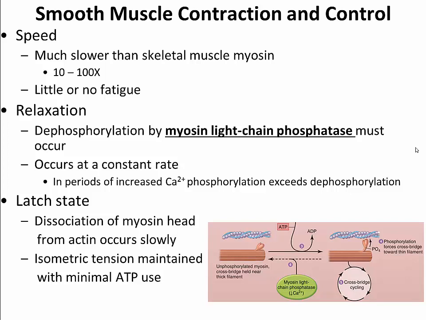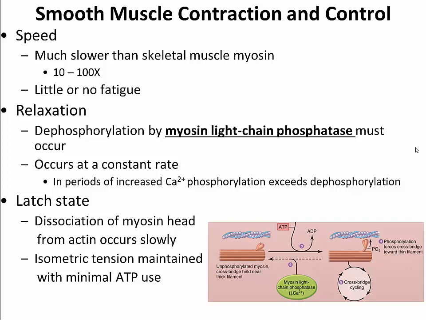of smooth muscle contraction. We also notice that relaxation occurs in the case of smooth muscle only when, as we mentioned before, dephosphorylation occurs as a result of myosin light chain phosphatase. Myosin light chain phosphatase is always active, and it's only in periods when the calcium in the cell increases that calcium-mediated phosphorylation exceeds dephosphorylation.